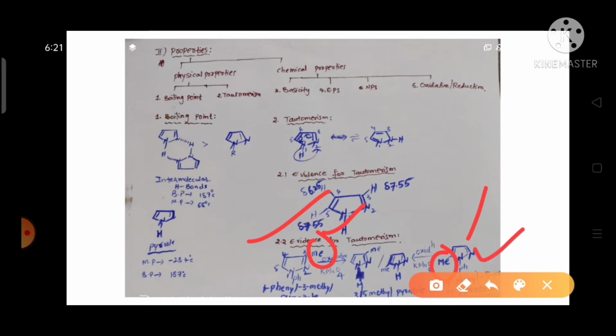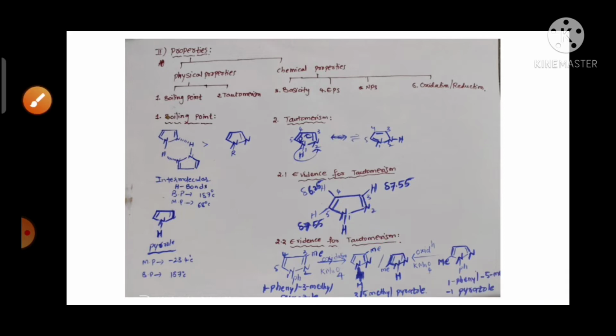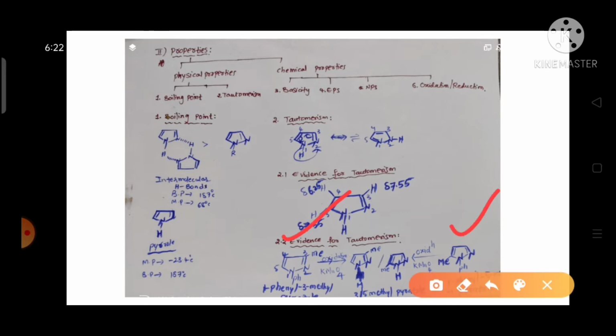Okay, so when both are subjected to the oxidation with KMnO4, they give the same product. That means we can call this product the 3 or 5-methyl pyrazole. So we get the same product from the 1-phenyl 3-methyl pyrazole as well as from the 1-phenyl 5-methyl pyrazole. Okay, so this is the chemical evidence for the tautomerism.